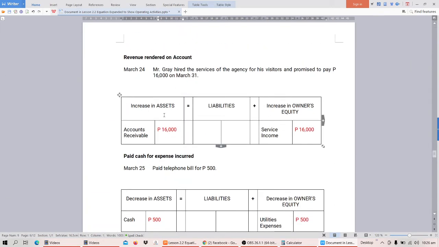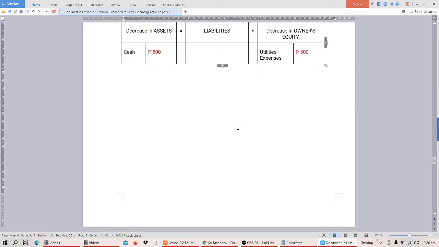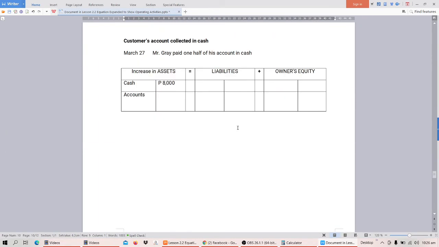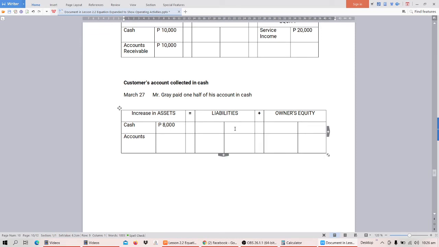If you can see here, what we recorded is the full 16,000 accounts receivable because he did not pay in cash. Now, on March 27, he paid half of his account in cash. So there will be an increase in cash account by 8,000 and a decrease in accounts receivable account amounting to 8,000 also.